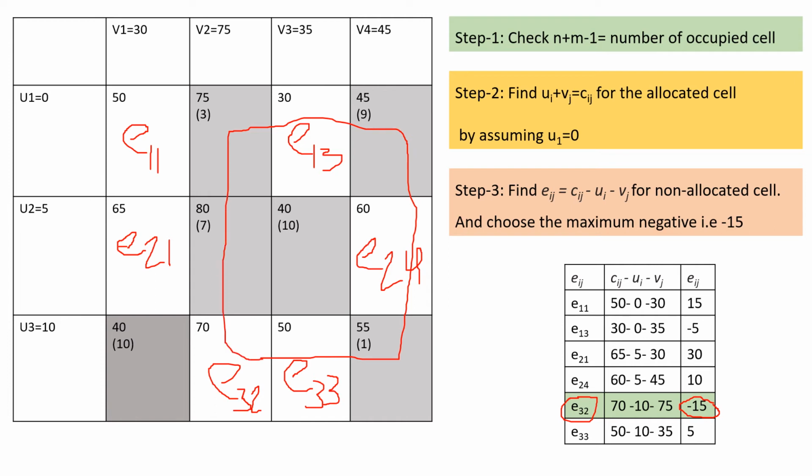By the way, if we go like this and like this, there is no turning point. There is no allocated cell used as a turning point. So we have to turn on the allocated cells. It is only possible to turn on the allocated cells. These are the principles of drawing the loop, right?